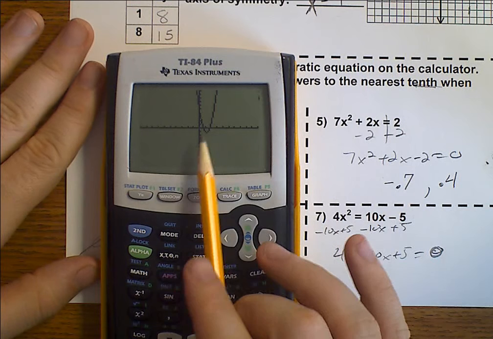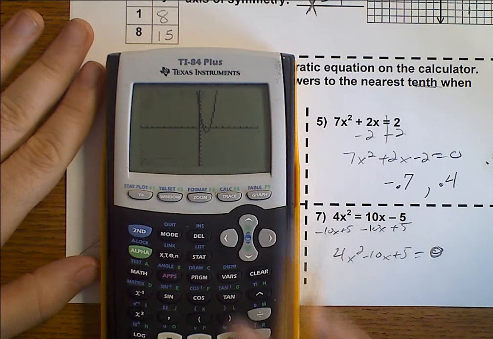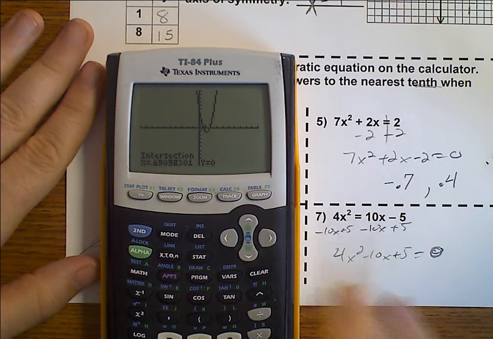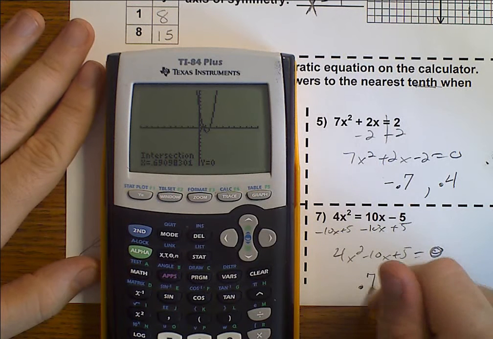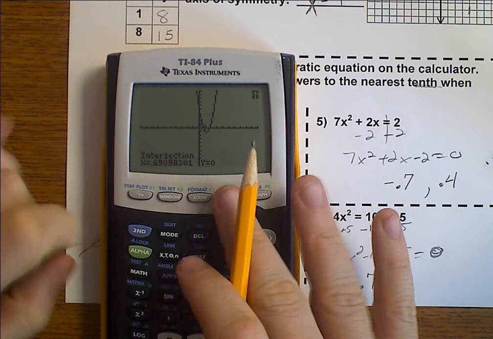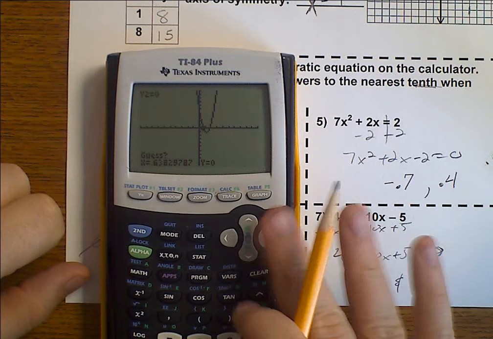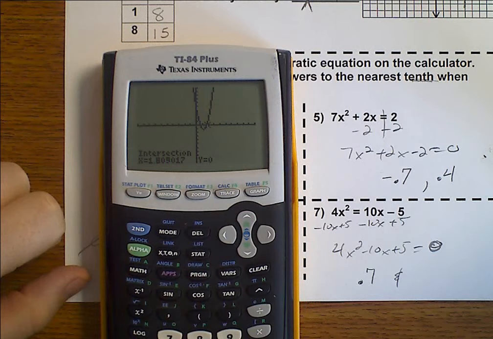We see that it does cross, so we go to second calculate. The intersection, first curve, second curve. Well, our first intersection right here on the left would be 0.7. And for our second one, we do the same thing. Second trace, intersect, first curve, second curve. Scoot over to the intersection on the right, enter. And this is 1.8.